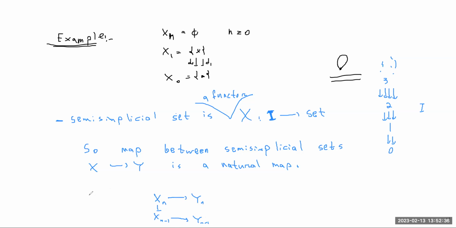If I have something here and go to some face, and I send this to some n-simplex of Y, then this one has to go to the face of Y, right? That makes this diagram commute. This is exactly to say that it's a natural map.